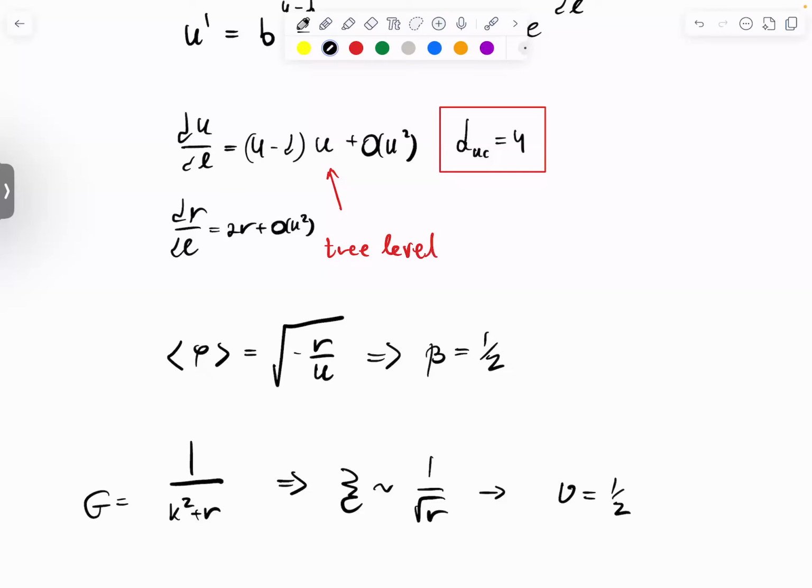So they do the opposite. They flow to short wavelengths and huge energy scales.